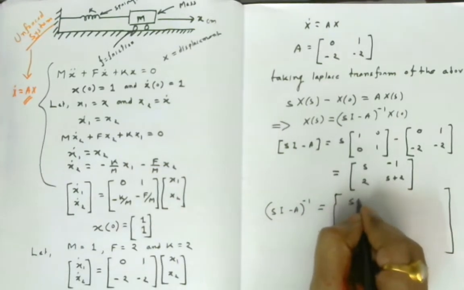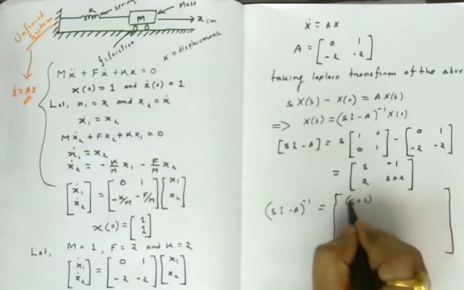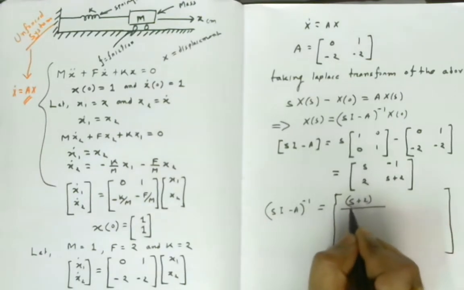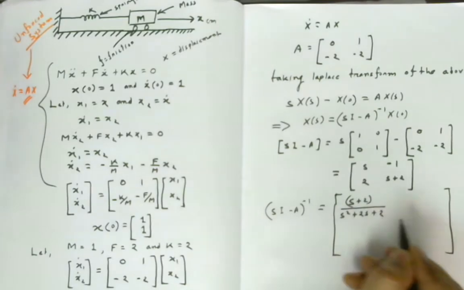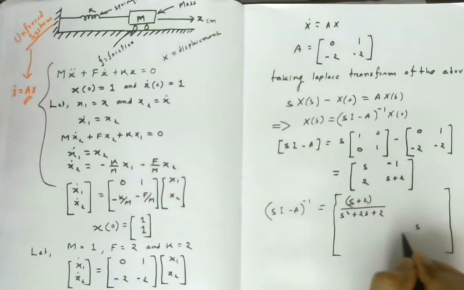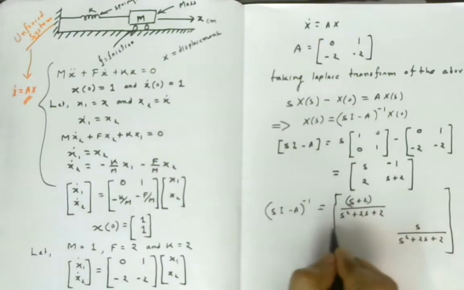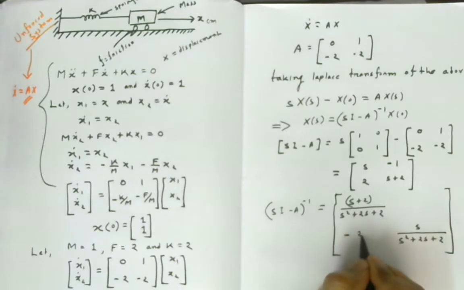It will be s plus 2 by the determinant, with sign change.